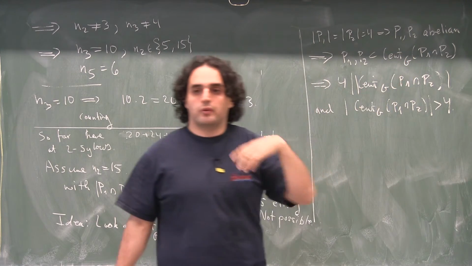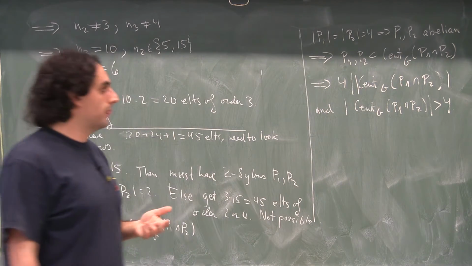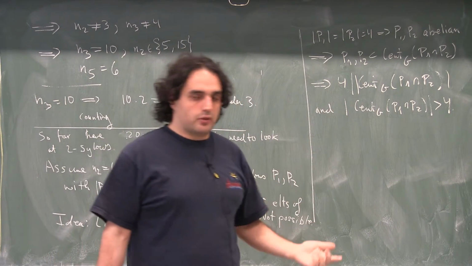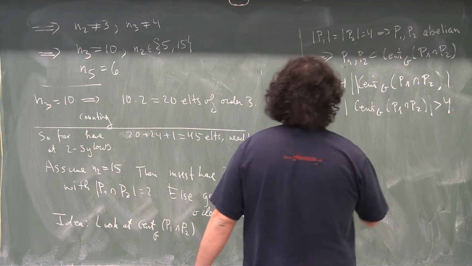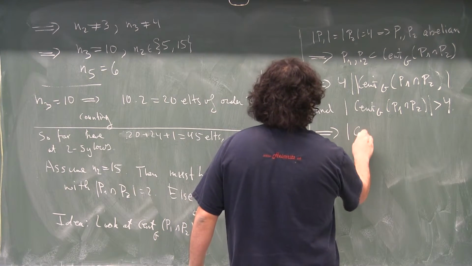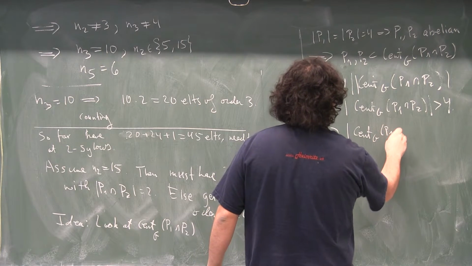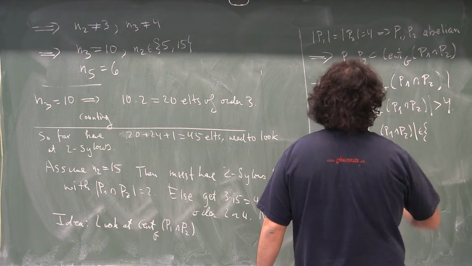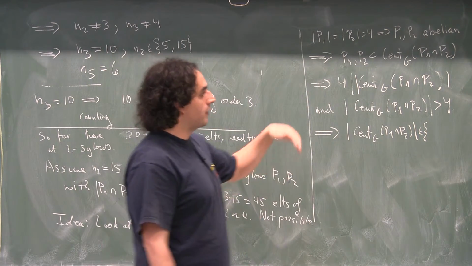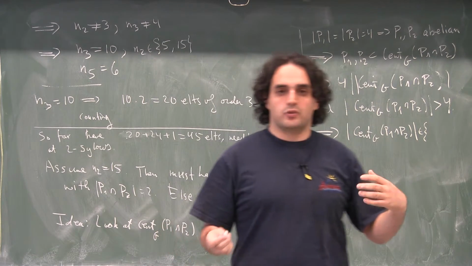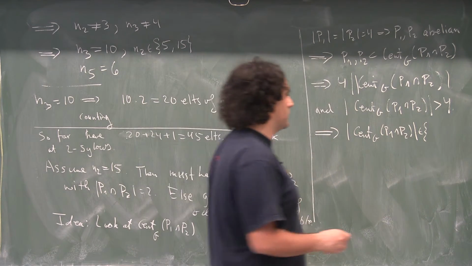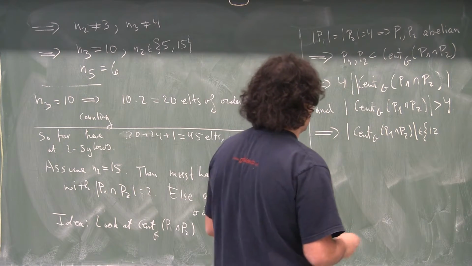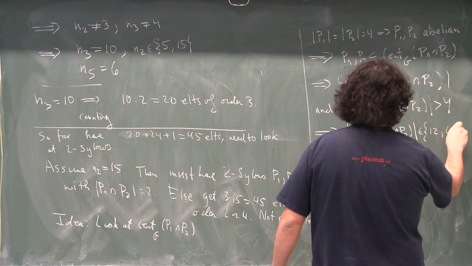At the same time, the order of this centralizer divides 60. It divides 60, it's divisible by 4, and it's bigger than 4. So what are the options? Not many options. The first thing maybe that comes to mind is 8, but 8 doesn't divide 60. So this can be 12, or it can be 60.